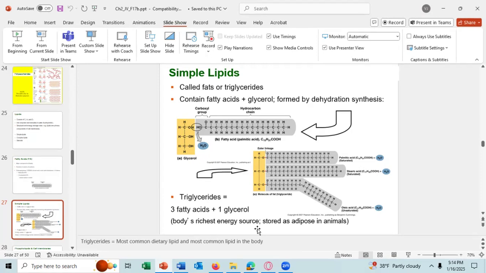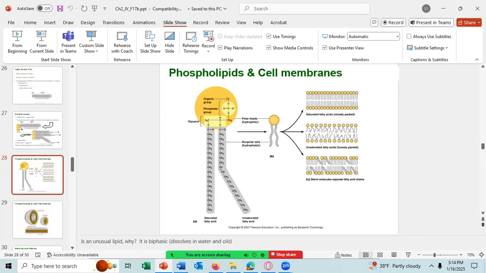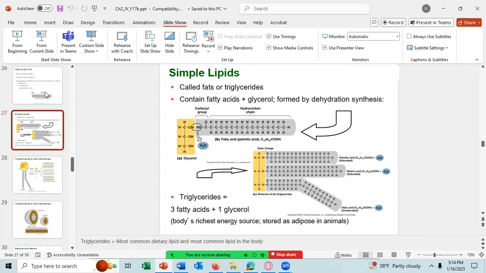Even if you're thin, everybody has triglycerides in their belly. In fact, humans have triglycerides underneath their skin. We, I don't know, store it there. All right, that's enough for fats and fatty acids.